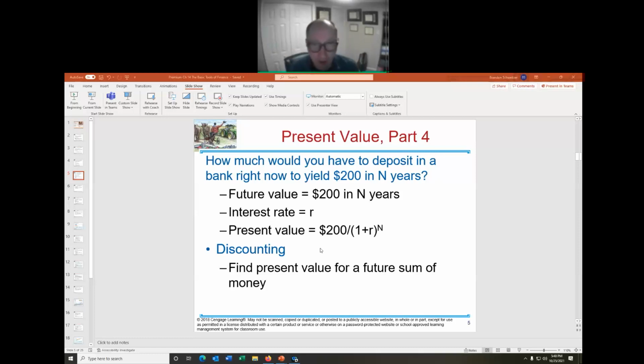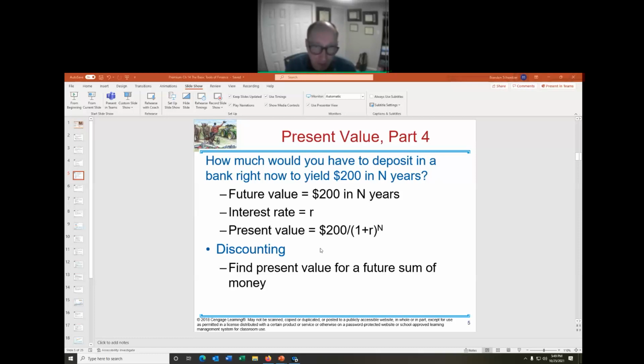So you want to have that amount in 2 years from now. What would the interest rate need to be? And you can find the present value, which is how much you would need to put in the bank in order to get to that $1,000 in 2 years. That's the usefulness, right, of present and future value.